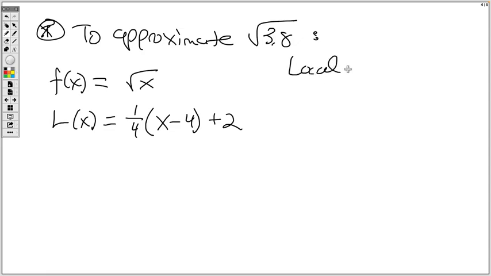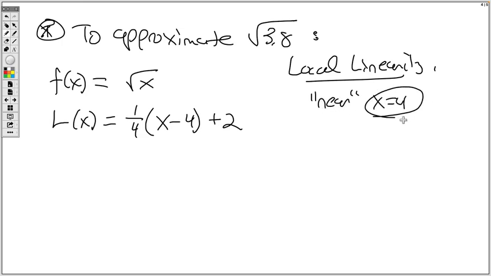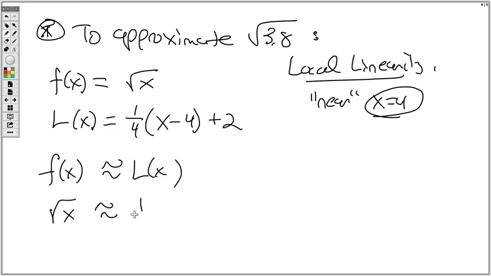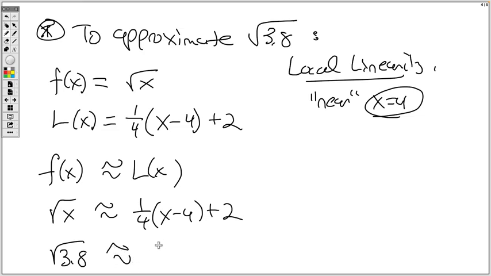And local linearity says that near x equals 4, the function can be approximated by the line. Everyone cool with that? In other words, the square root of x is roughly equal to a quarter x minus 4 plus 2. So that means the square root of 3.8 is roughly a quarter 3.8 minus 4 plus 2.